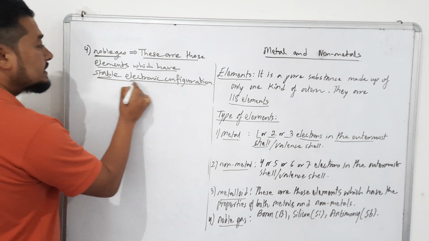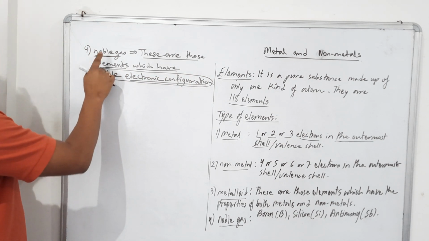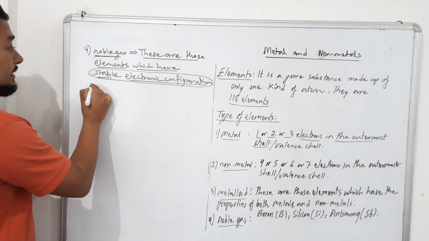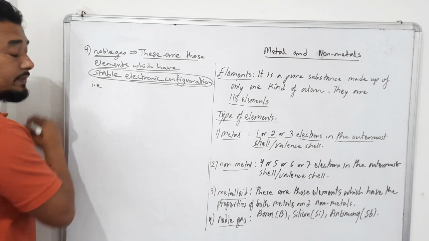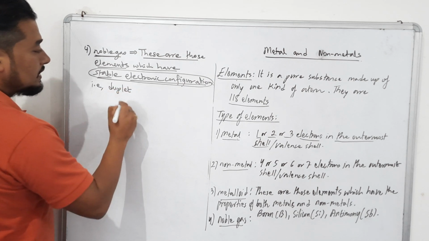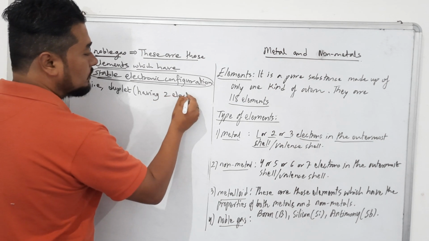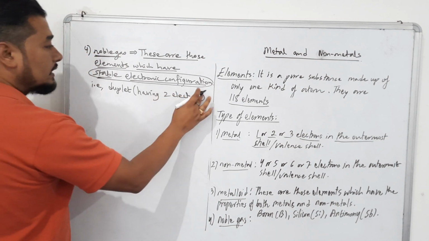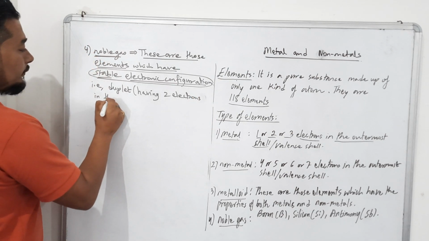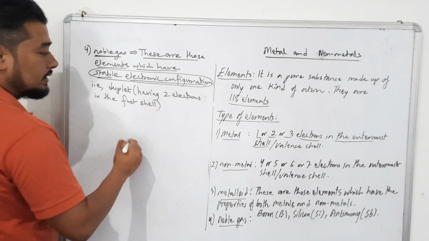And what is the meaning of this stable electronic configuration? Let us see now. That is, i.e., duplet means having 2 electrons in the first shell.